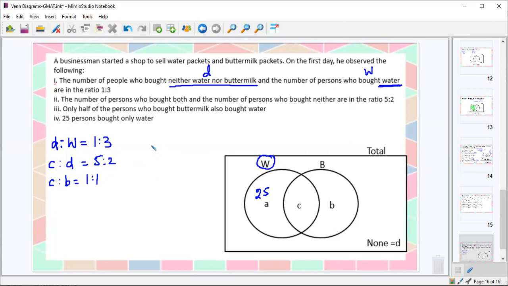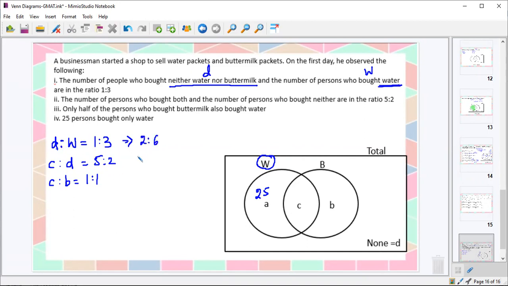So if I take small d to be 2x, let us do one thing. I can see that d is 2 over here and d is 1 over here. So can I write this ratio to be 2 is to 6?